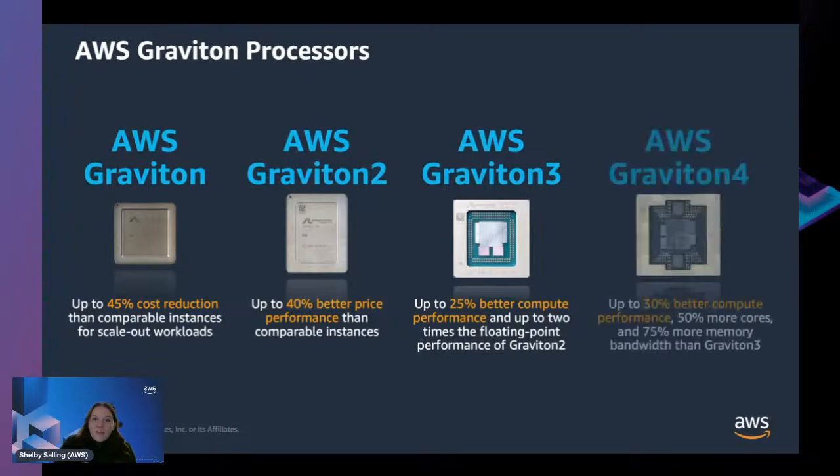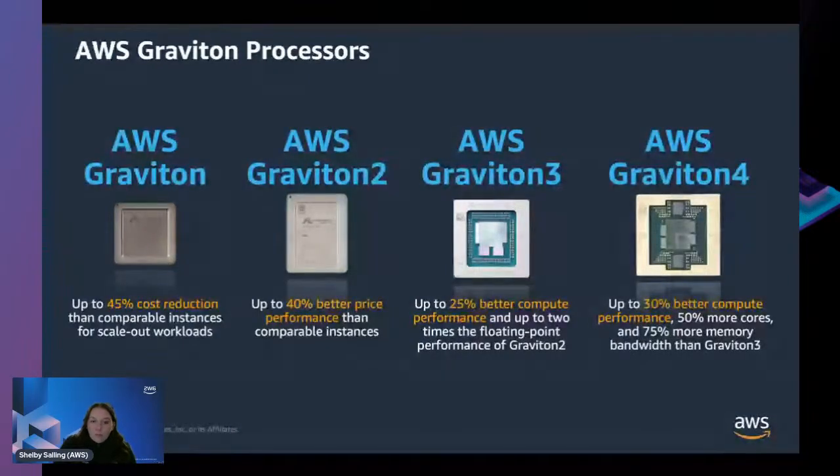And lastly, at last year's re:Invent, we announced the Graviton 4 chip, which has up to 30% better compute performance, 50% more cores, and 75% more memory bandwidth than Graviton 3. And today our R8G instances are live on those. So across all 4 of these processors, today AWS offers more than 150 different Graviton-powered EC2 instance types globally at scale.